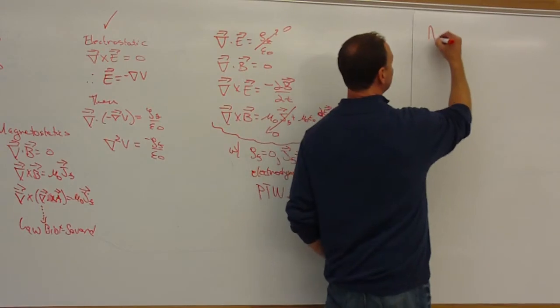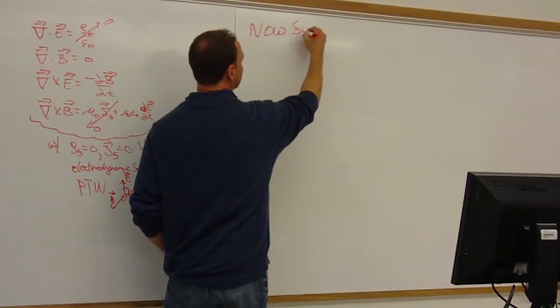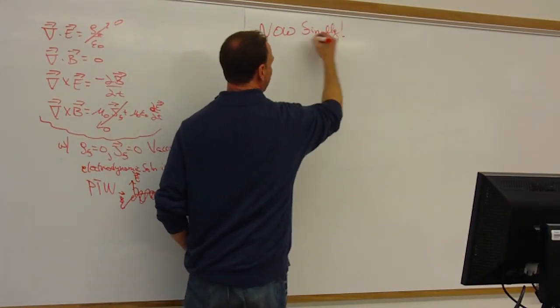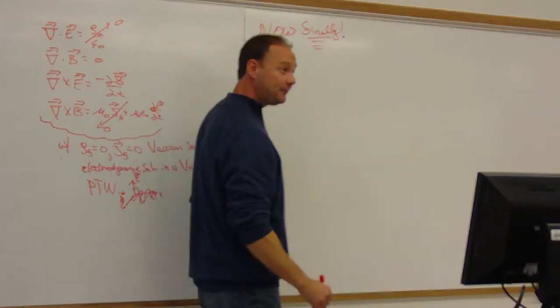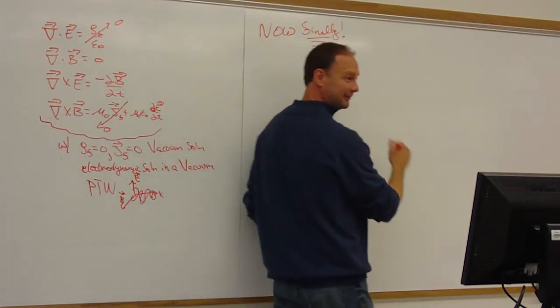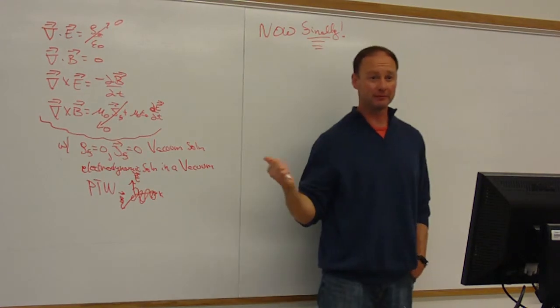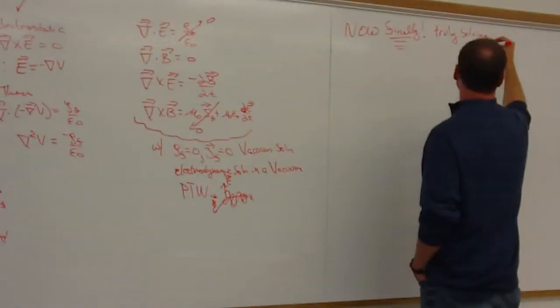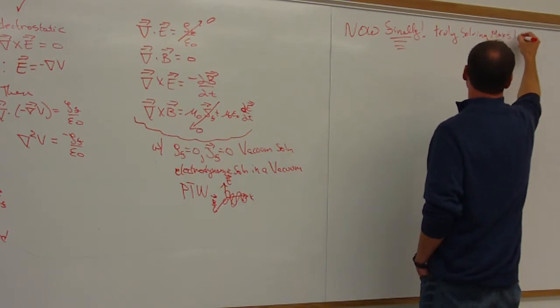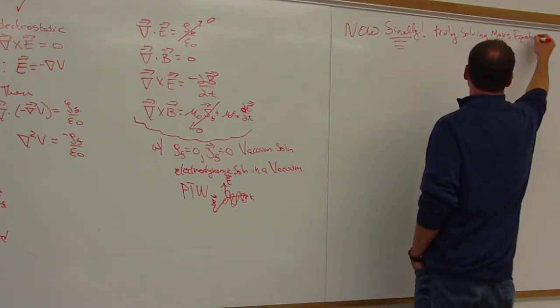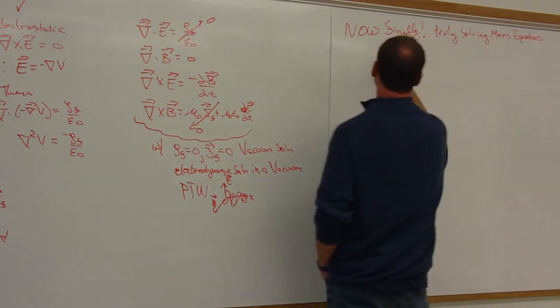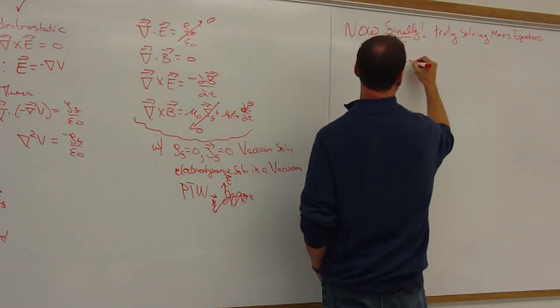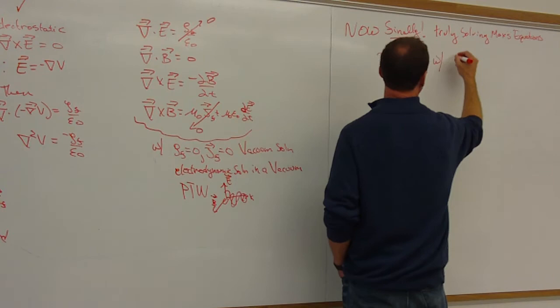Okay, so this is the big point that I wanted to get across today. This is our first shot at truly solving Maxwell's equations, as is. Finally, truly solving Maxwell's equations, dynamics with sources.